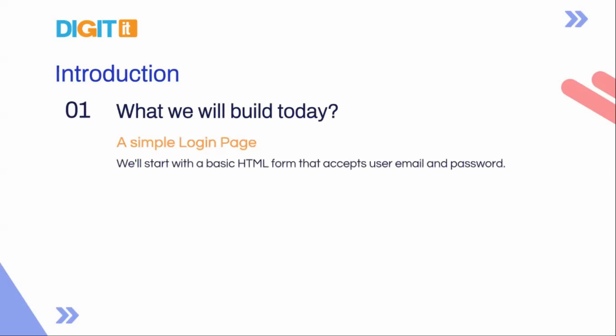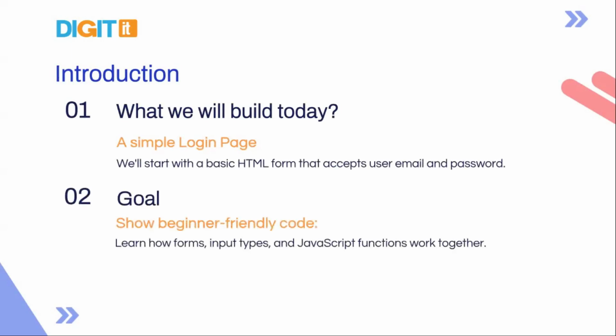So first, we're going to understand what pages we are going to build here. Here I'm taking an example of a simple login page where we are going to have basic HTML, and the HTML form where we can take the login through email, phone number or username, and we are going to have a password.